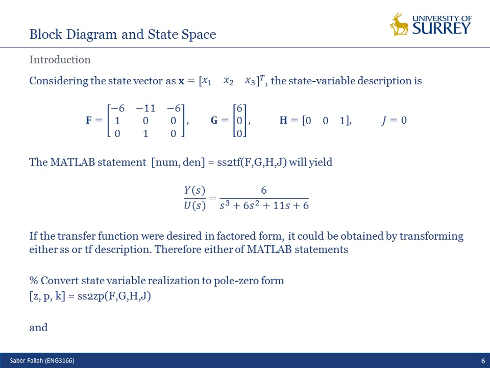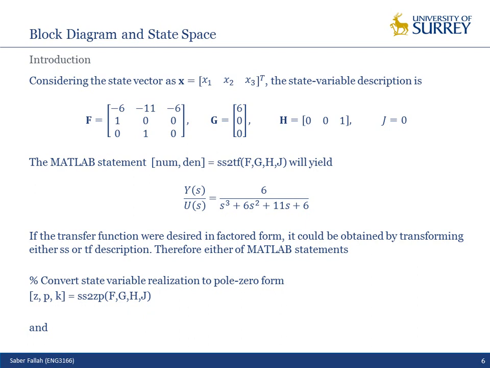If you want to find the pole and zero locations of this state space representation, you can define a vector z, poles p, and gain k. State space to zero pole, ss2zp, where zp is the abbreviation for zero pole. F, G, H, J are given here.